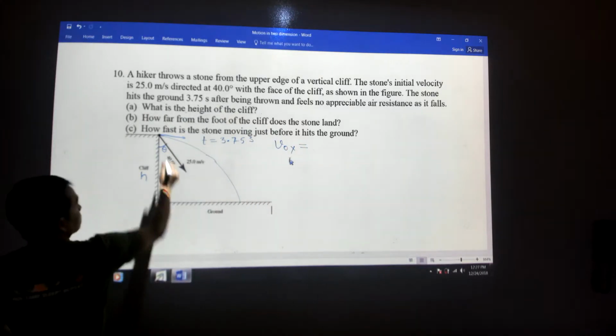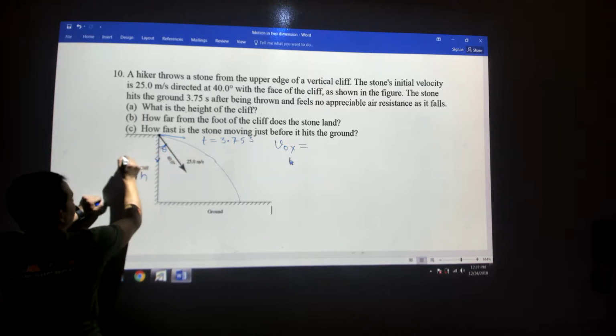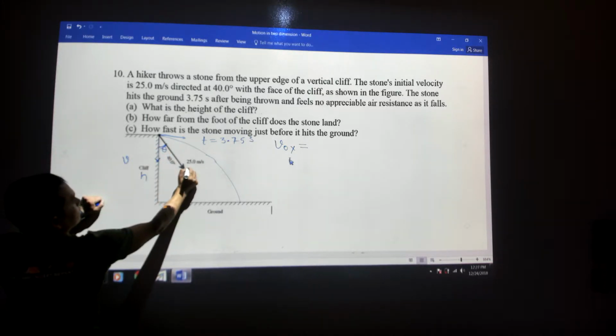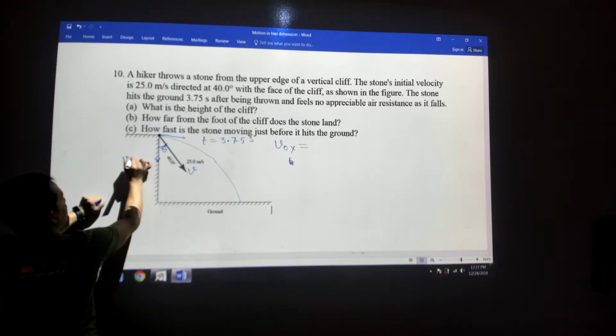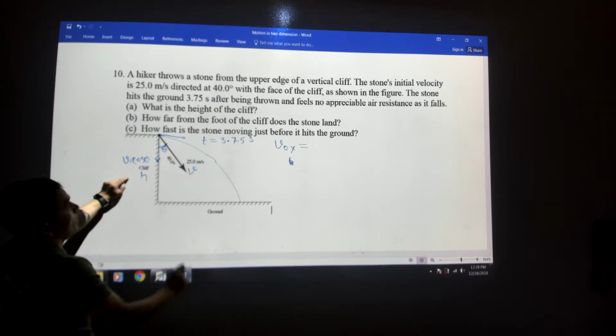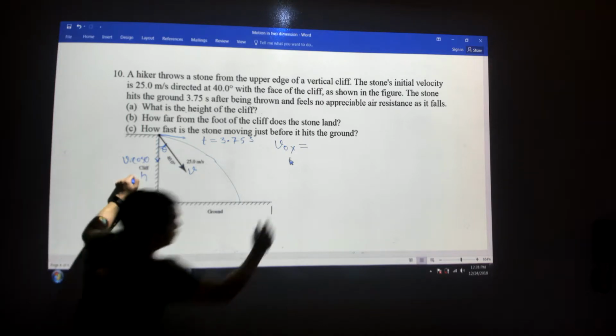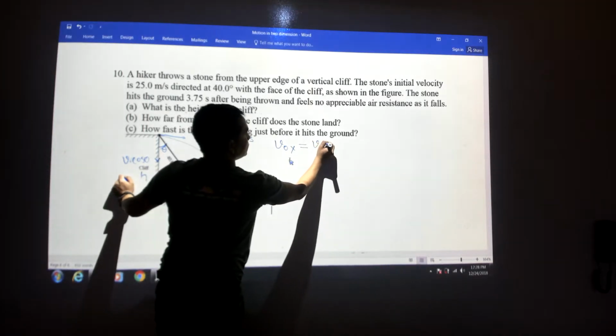Here, this angle is theta. So this velocity is v, and this component would be v cosine theta, because this angle is given theta. And this component will be v sine theta.